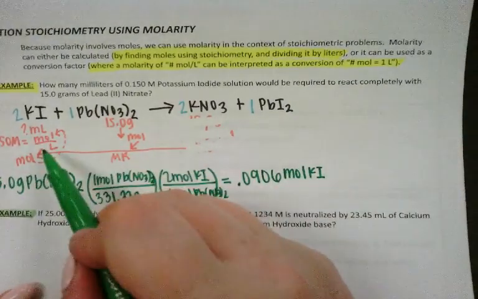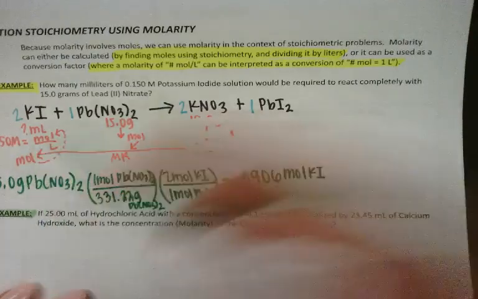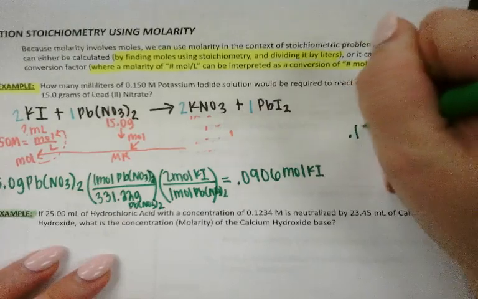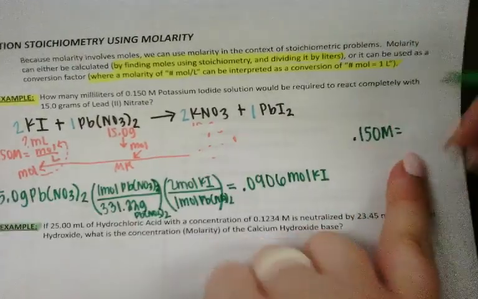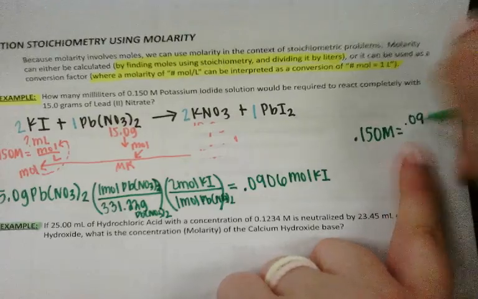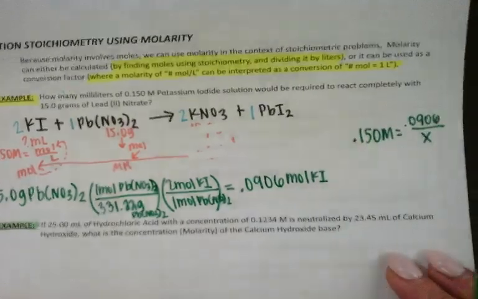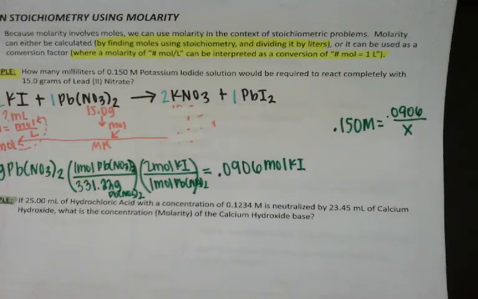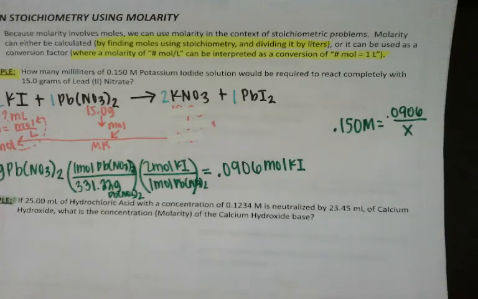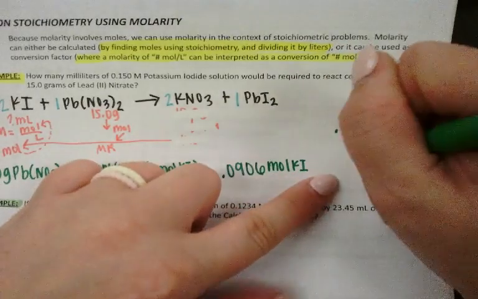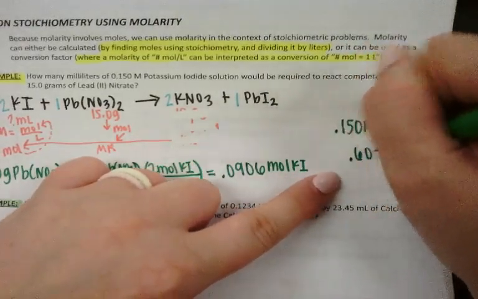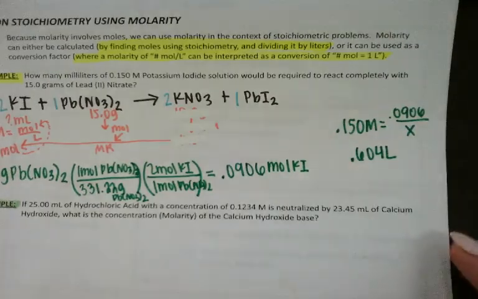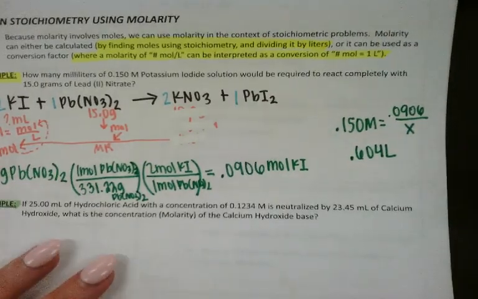That's my mole value, and if you look up here, based off my mole map, now I can plug in what I have, which is my 0.150 molarity equals 0.0906 over X. When you do that, you get 0.604 liters, correct? But that's not our final value.